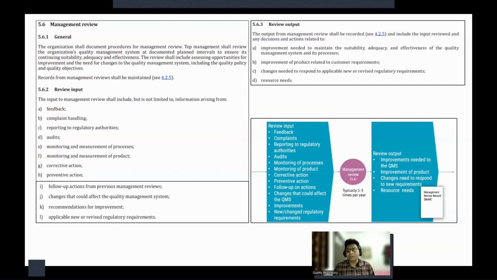Because that person has to communicate to top management: these are the requirements, these things we have to review within the management review, these are the outputs or these are the challenges. So all that activity has to be driven by that management representative because management has given that authority to that person, to drive the QMS or to report about the QMS status, how it is operating, what is its effectiveness. So that is how that person has to be driving or steering these particular meetings.